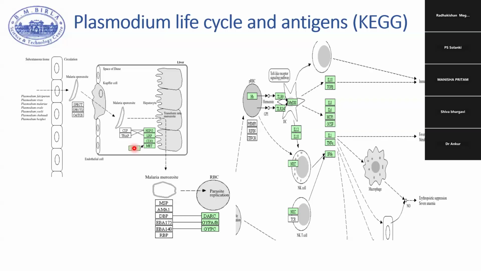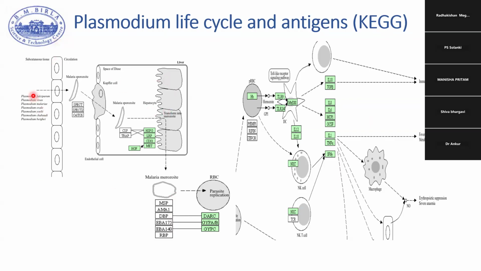So how do we identify the vaccine target or the antigenic proteins? If you are new and want to develop a vaccine candidate, you can go to the KEGG pathway database. You simply write your disease name or pathogen name, and you will see this kind of structure. So what's going on here?